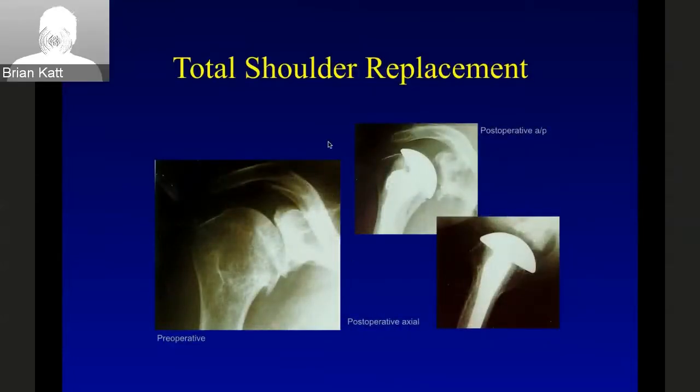Here's a total shoulder replacement, kind of like if we talk about a total hip replacement or a total knee replacement. And what we mean by that is we're fixing both sides of the joint. That's as opposed to a hemi-arthroplasty, or half a replacement. We do those for hip fractures, but usually when you have arthritis, we have to work on both sides.